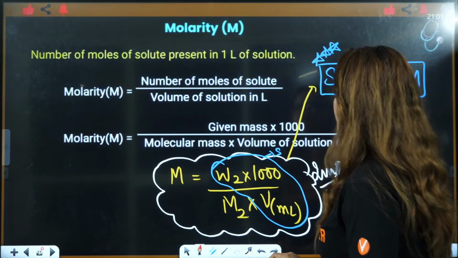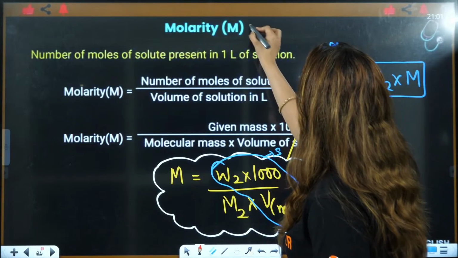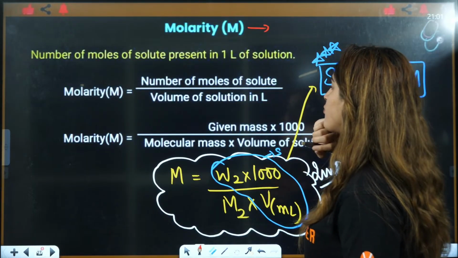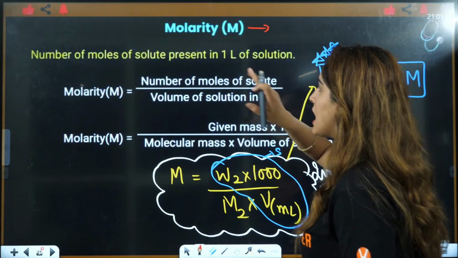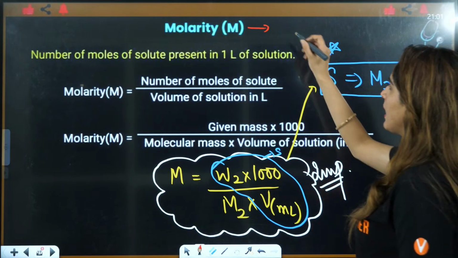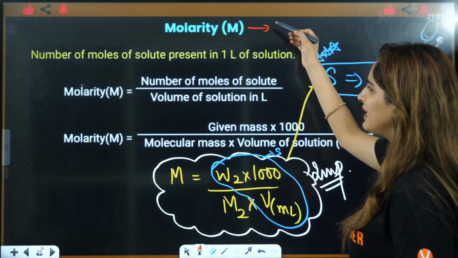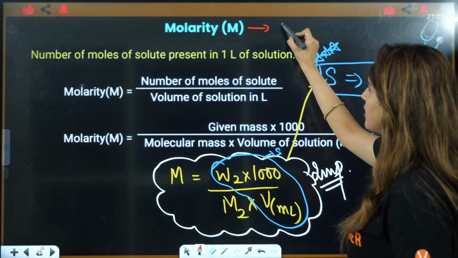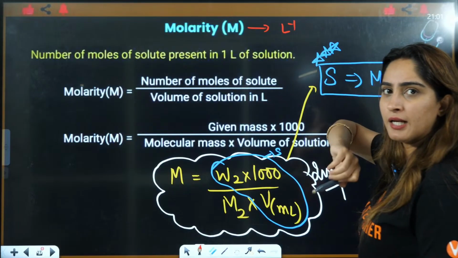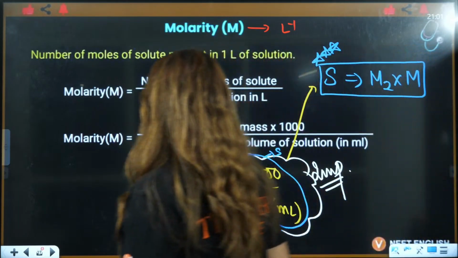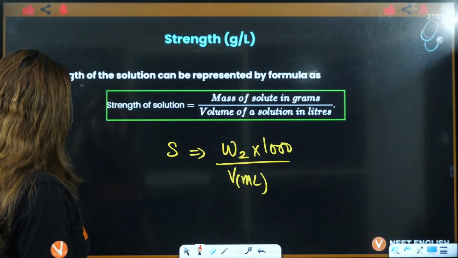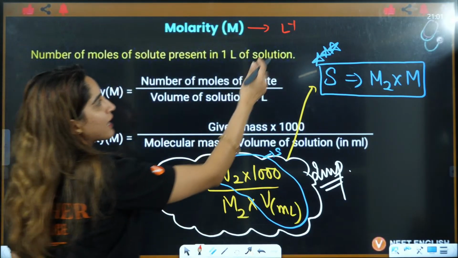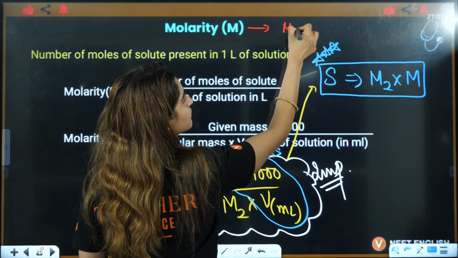Tell me, what are the units of strength? Units of molarity is number of moles divided by volume. Number of moles does not have any units, so this will be per liter, just directly per liter. That's why in molarity we directly write molar.